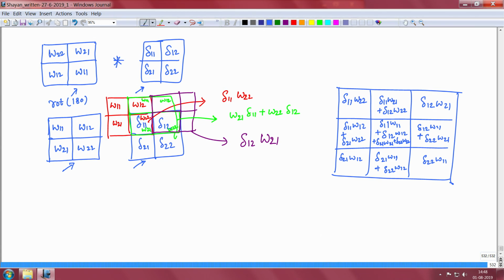In this way one can get all the local gradients at the input layer.